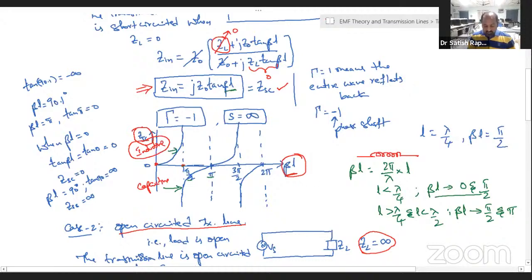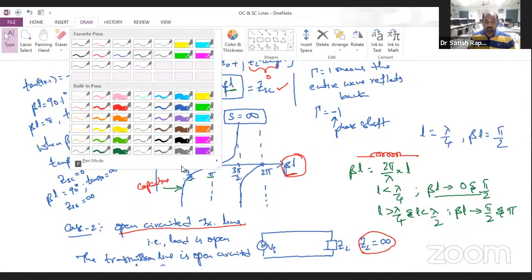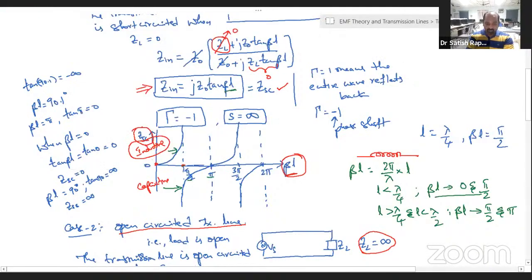So exactly at 90 degrees, what you can see here is that on one side it is inductive, and on the other side it is capacitive, right?